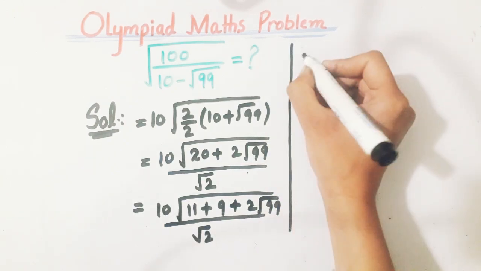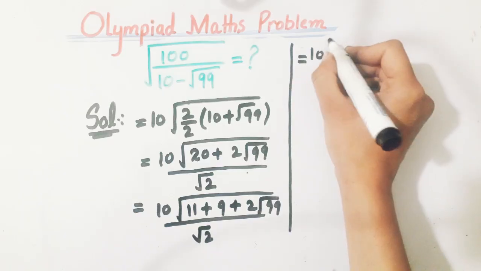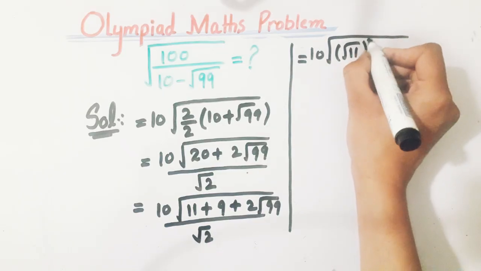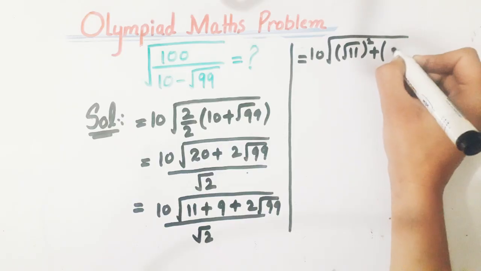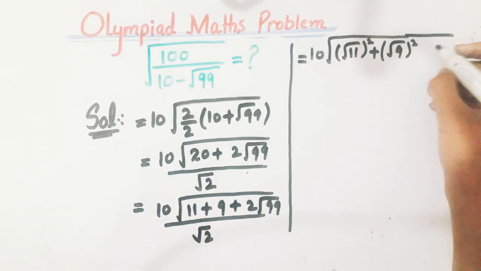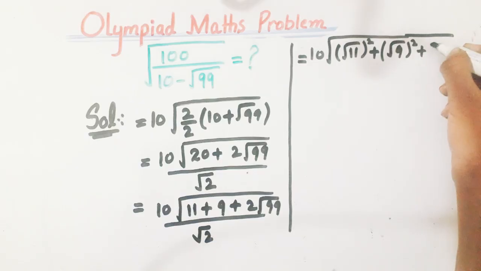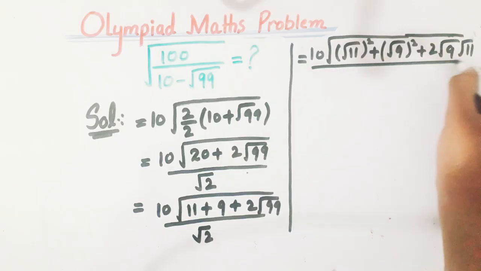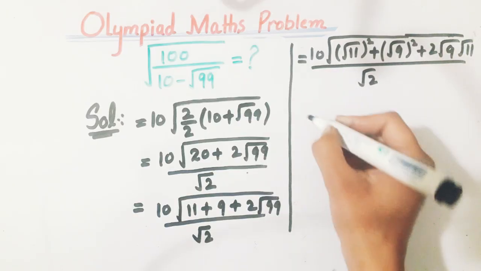Now in the next step, we will write 11 as root 11 square and 9 as root 9 square. Then plus 2 into root 9 into root 11, because 99 can be written as this, into root 2.